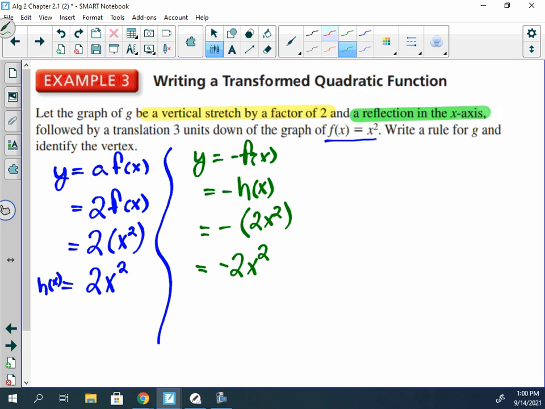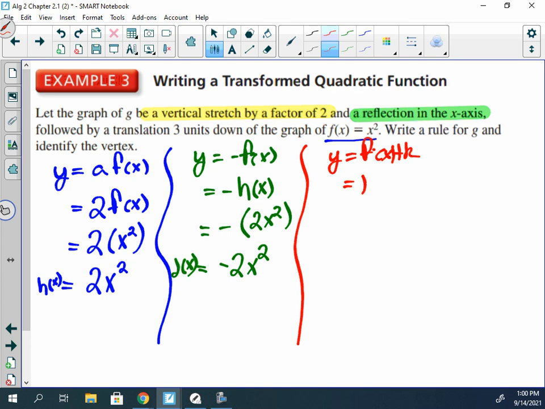Well, we need to call it something else, yes? Someone give me a letter. J. Okay, so we'll call it j of x. Because it really doesn't matter. We're getting to g of x, so we'll call this one j of x. Because we did the vertical stretch and the reflection, what are we missing? 3 units down. That'd be our y equals f of x plus k.